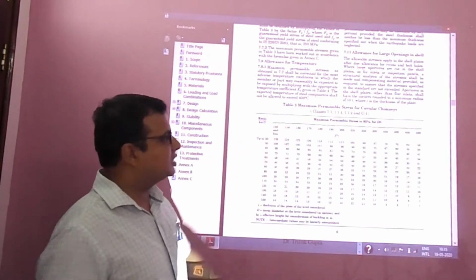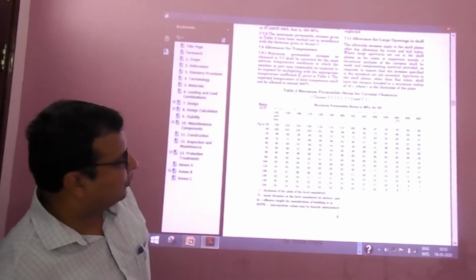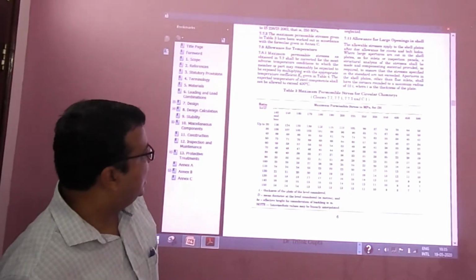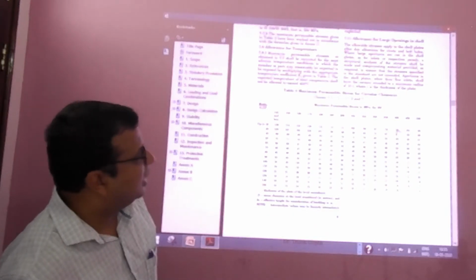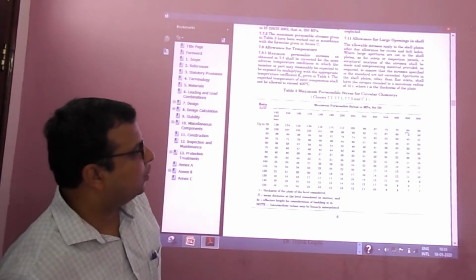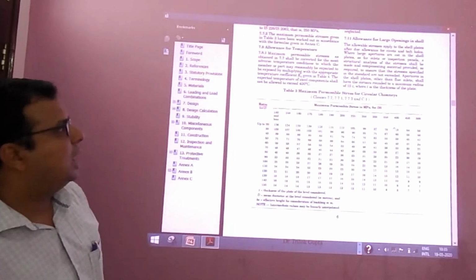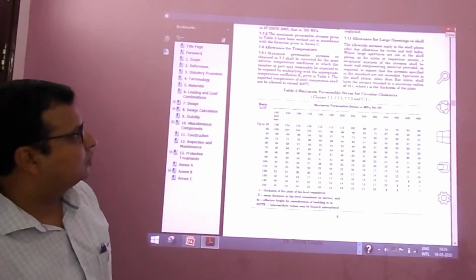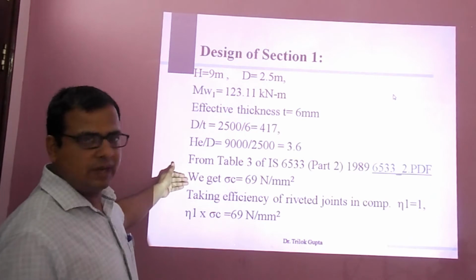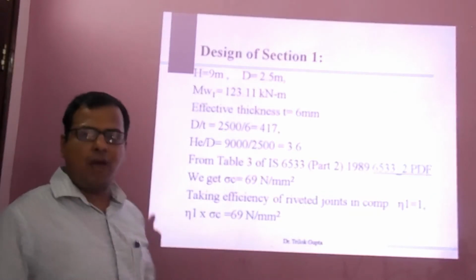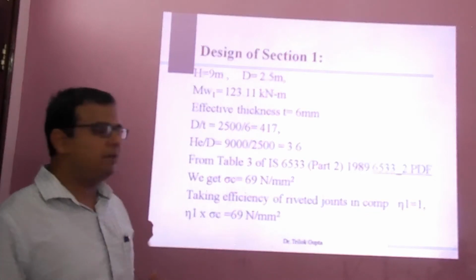So our ratio is 417, so we will take interpolation of 400 and 450 and this ratio is less than 20, so our stresses will be in between 70 to 64, so by linear interpolation it is approximately 69 Newton per mm square. So in this way we will calculate our design or permissible compressive stresses, and we have to assume 100% efficiency as we have provided the riveted joints.